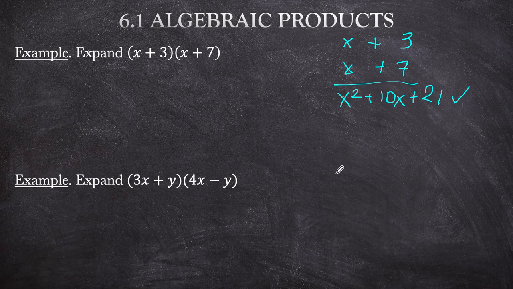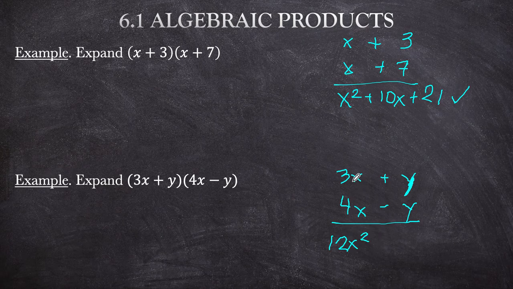For this example, what we have is 3x plus y multiplied by 4x minus y. So we apply the sutra. 3x times 4x is going to give us 12x squared. The crosswise approach: 3x times minus y is going to give us minus 3xy, plus 4x times y is going to give us 4xy.